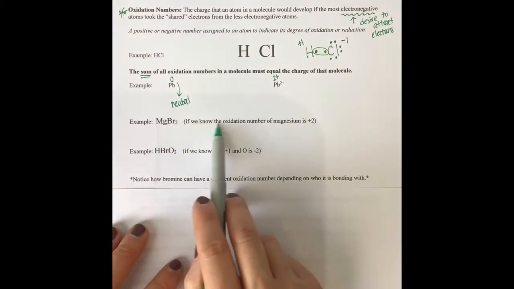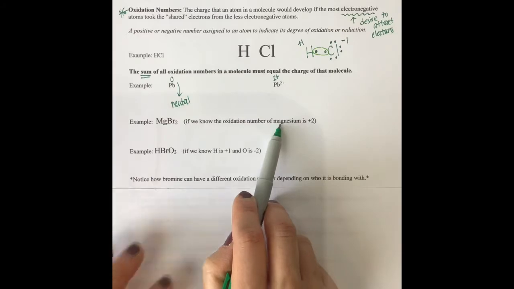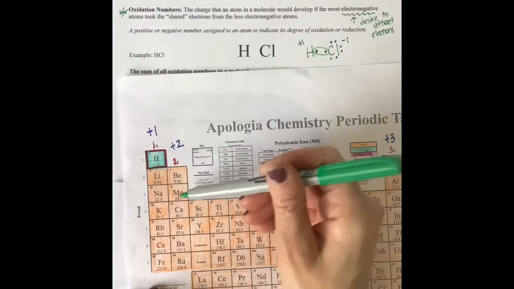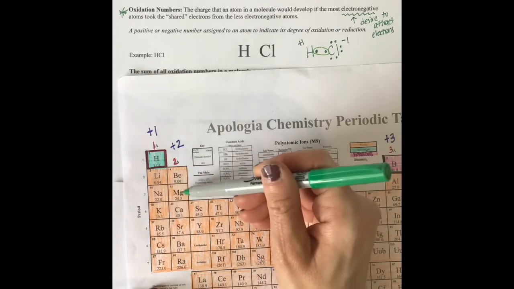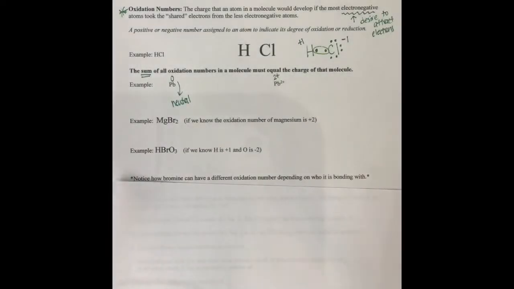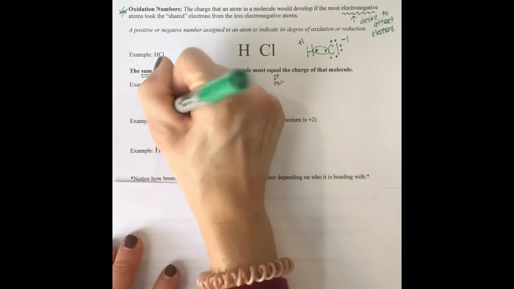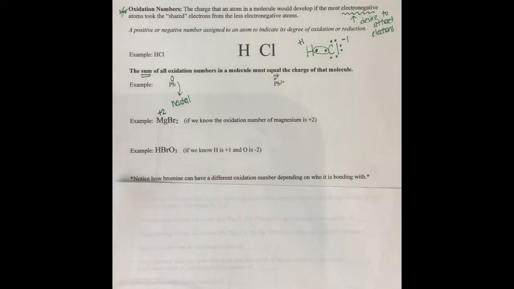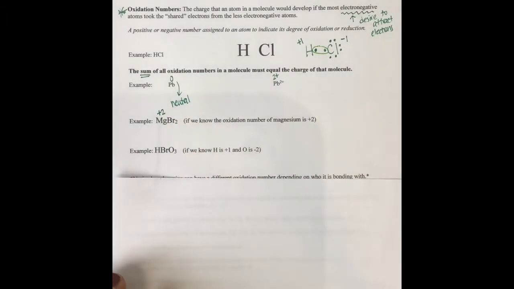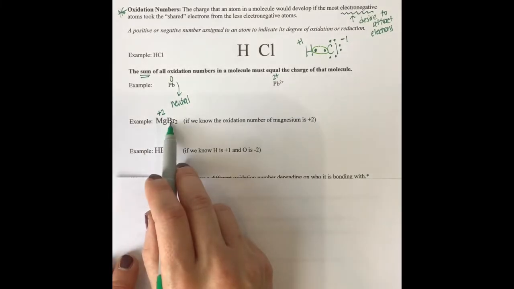Let's look at 2 examples before we jump into some rules down here at the bottom. Let's say that we know the oxidation number of magnesium is +2. I'm getting that from our periodic table. Magnesium likes to lose 2 electrons, so let's put a +2 for magnesium's oxidation number. What does bromine's oxidation number have to be in order for these charges to equal 0? Well, there are 2 bromines.